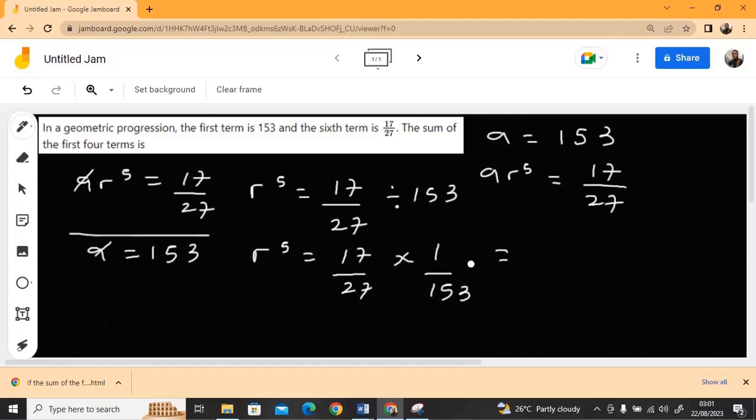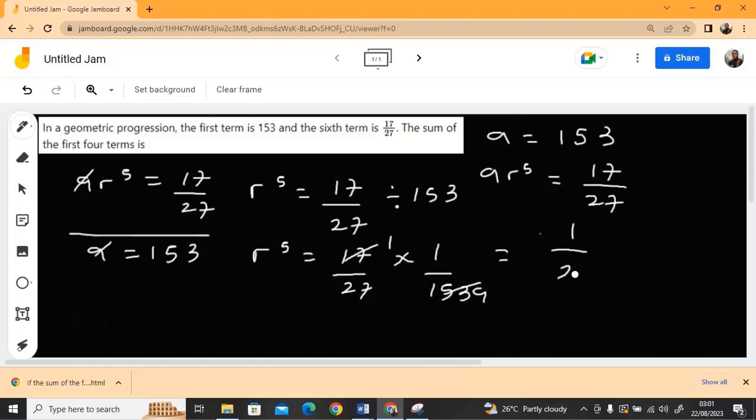Now when you divide this, 17 times 1 is 17. Let's check something: 153 divided by 17. 17 into 17 is 1, and 17 into 153 is 9. So you have 1 over 27 times 9, and 27 times 9 is 243.